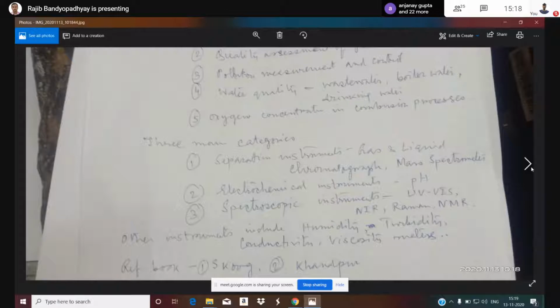For example, we have these RO water filters in our houses nowadays, and the person who maintains them comes with a probe that measures TDS, total dissolved solids in the water. That gives us an idea of how pure the water is.